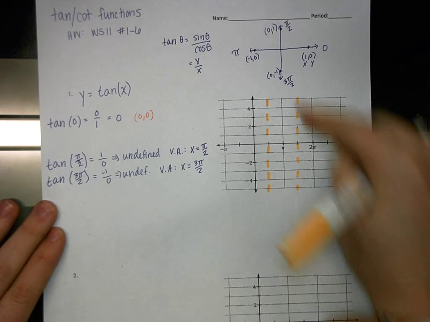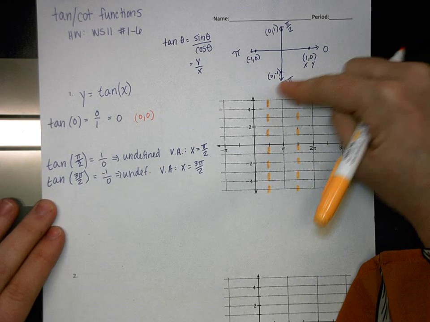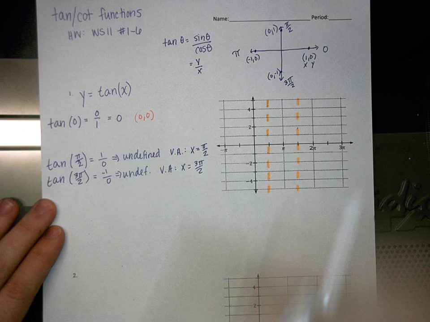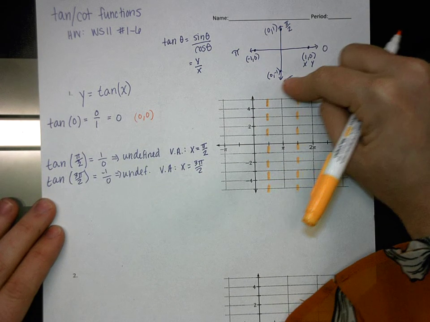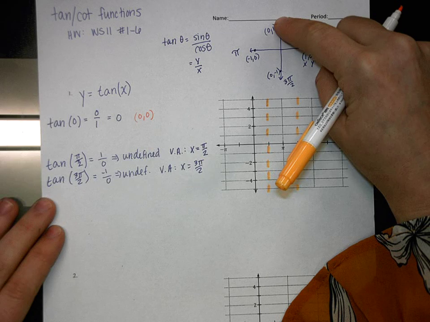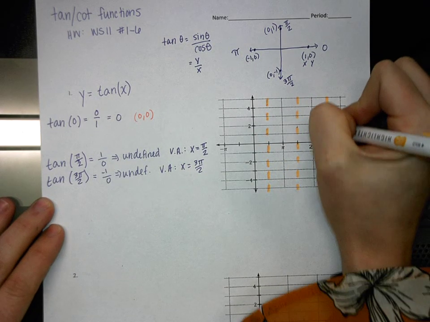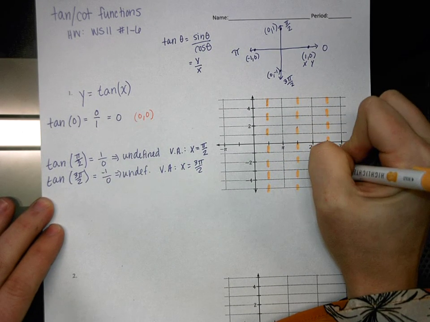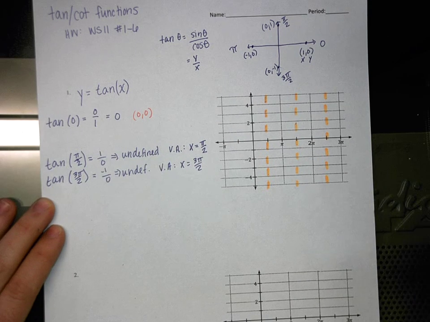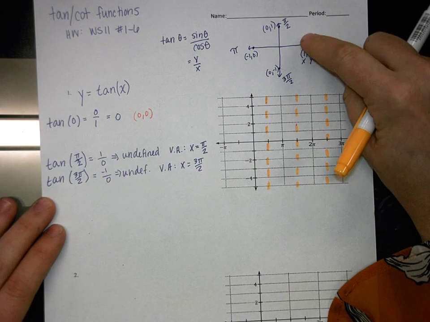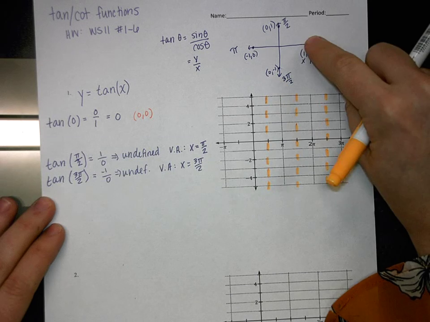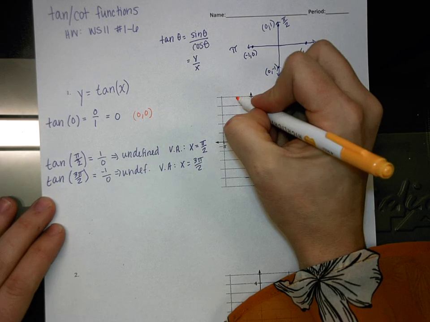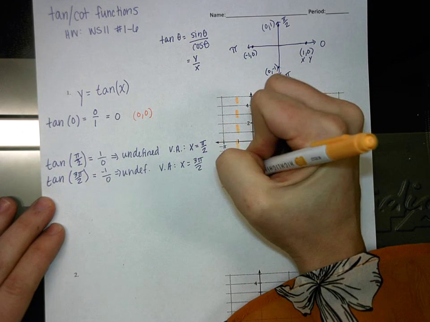So if I were to go around 2 more quarter turns, in other words, another half turn, so we go pi over 2, 3 pi over 2, 5 pi over 2, or if I were to go in the negative direction to 3 pi over 2, that's a quarter turn down, so that's negative pi over 2.